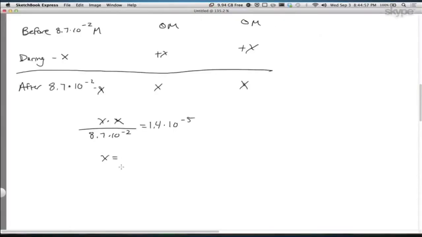That 1.4 times 10 to the negative 5, where did you get that from? It's the Ka. Okay, you must have miscopied that. So that should be 1.74. You should fix that in your notes so that you have that correctly.